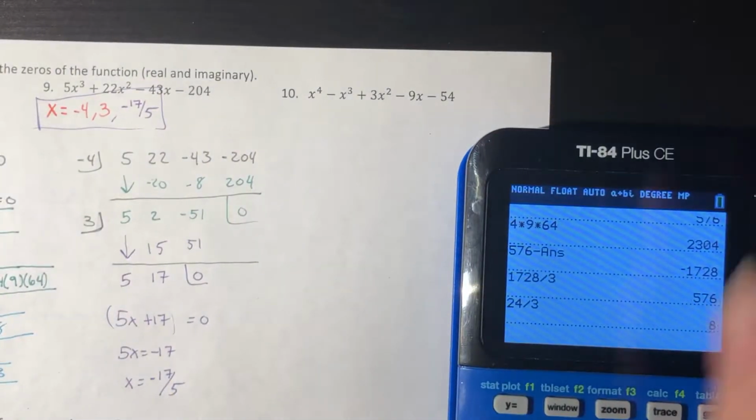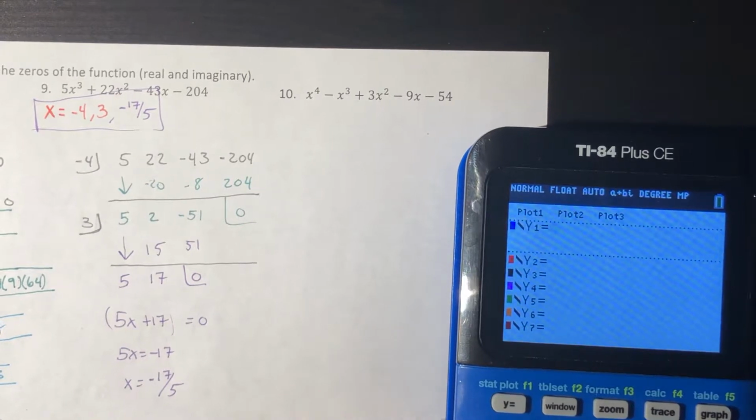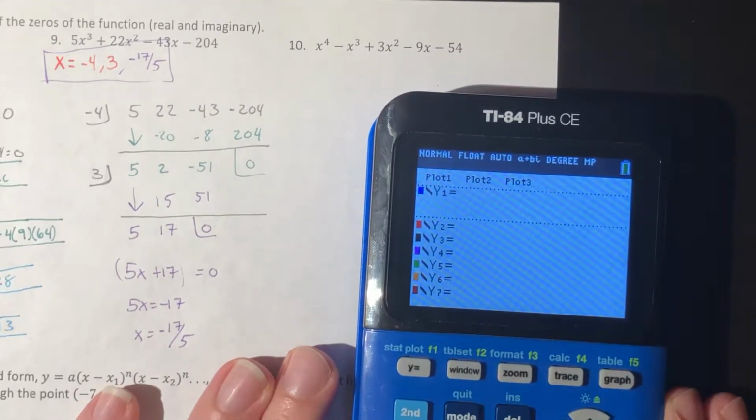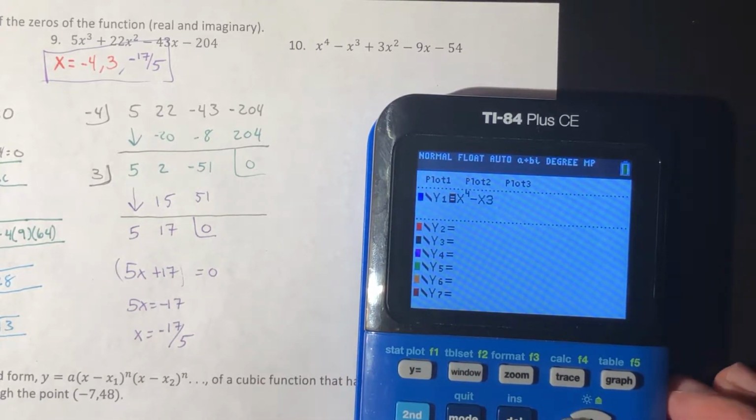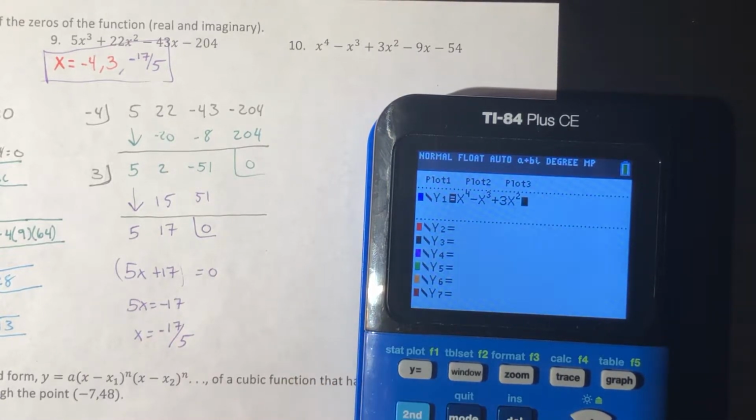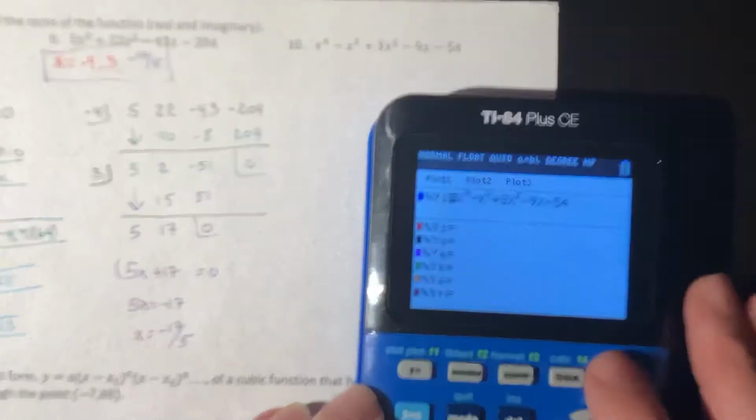On this one, I put it into the calculator. I've got x to the power of 4 minus x cubed plus 3x squared minus 9x minus 54.